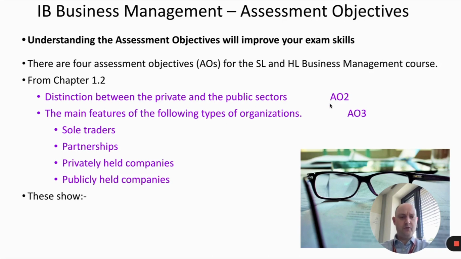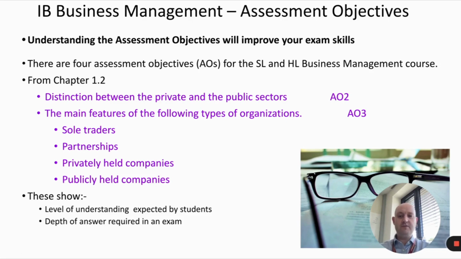Just before I do that, these AOs show the level of understanding expected by students. They show the depth of answers required in the exam, and they also show you what skills you need to use. I'm sure you've been in a test or an exam in the past, and you get a question and you wonder to yourself, how much do I need to write for this?